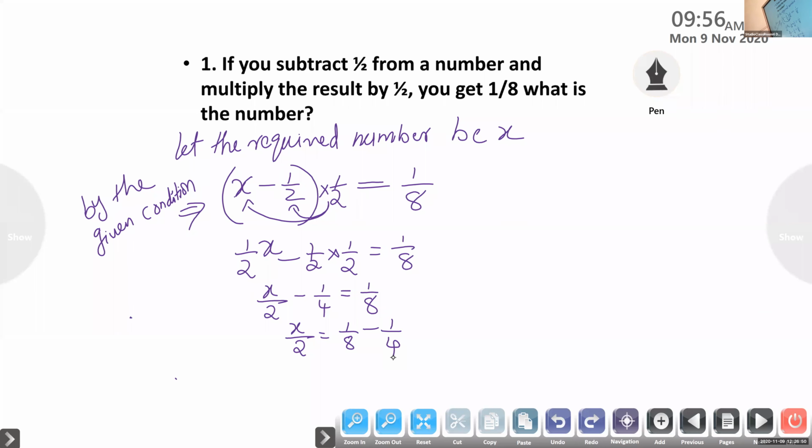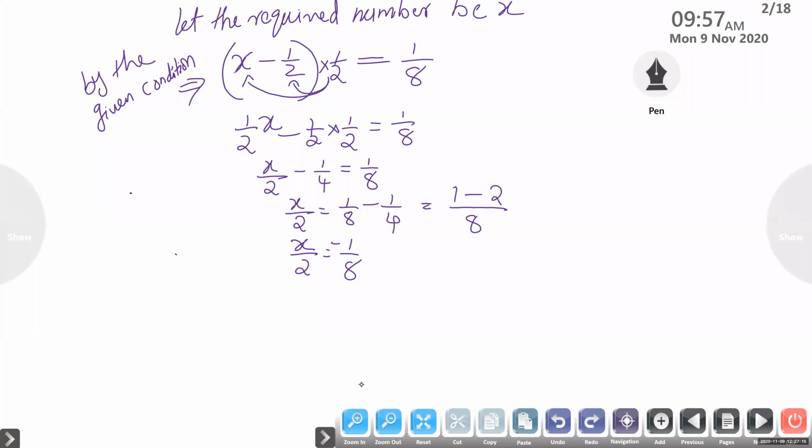Ma'am, when we transpose, plus will come now: 1 by 8 plus 1 by 4. Correct. We can take 8 as LCM. So it is 3 by 8.